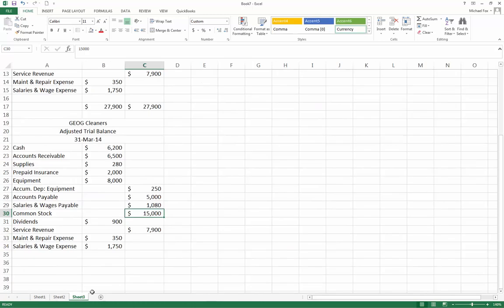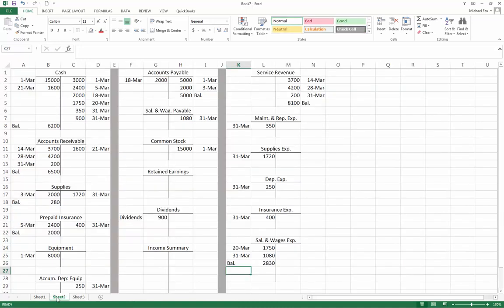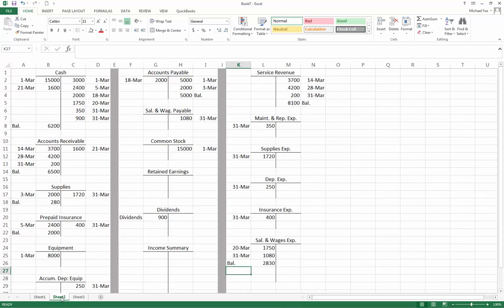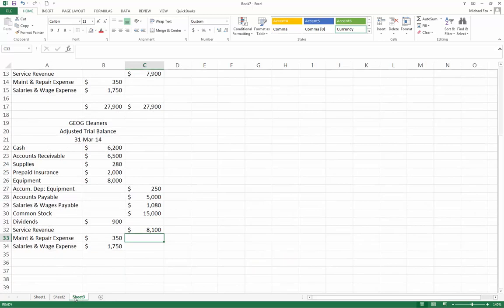Service revenue now has a balance of $8,100. Dividends didn't change. Maintenance and repair expense, $350. Supplies expense, or sorry, salary and wage expense, $28.30. And then we'll have to enter all the other expenses.